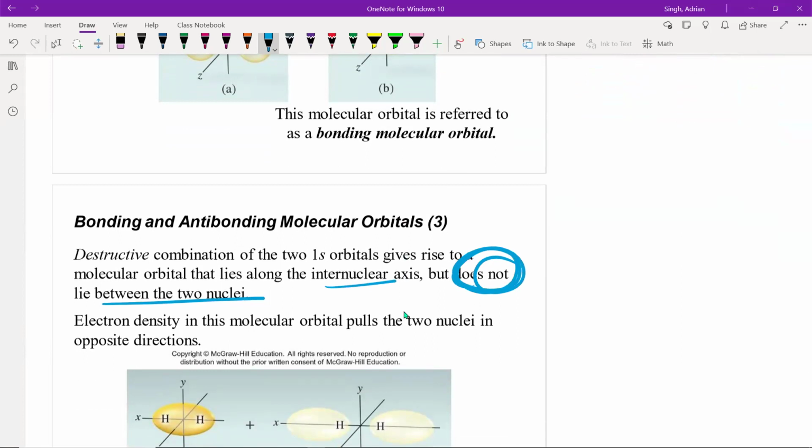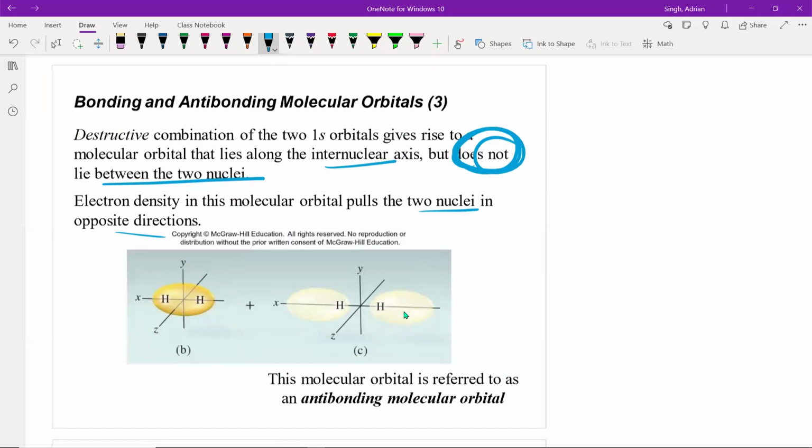Instead, the electron density here pulls the two nuclei in opposite directions. So in the case of destructive interference, which is the second depiction here, the electron density is on the outside, right? Not in between. It's still along the internuclear axis, the dotted line in between them.